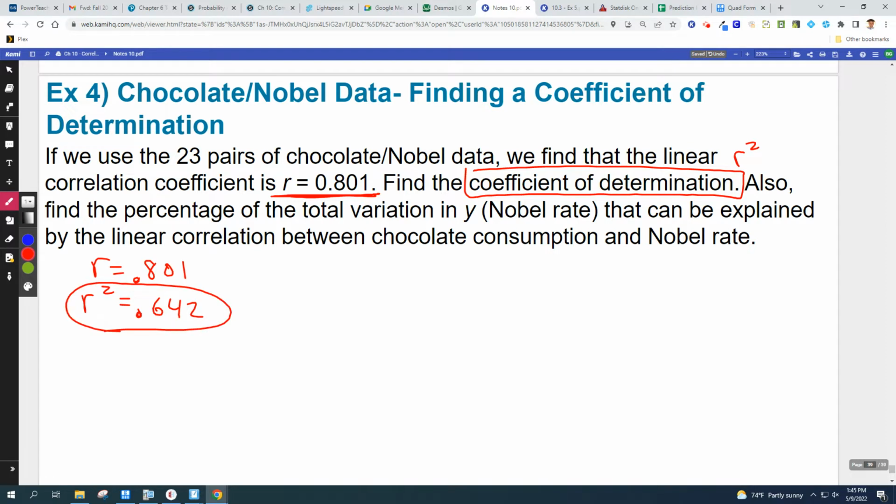Find the coefficient of determination. Done. Also, find the percentage of the total variation in y that can be explained by the linear correlation between chocolate consumption and Nobel rate. Well, that's not hard because that's just this.